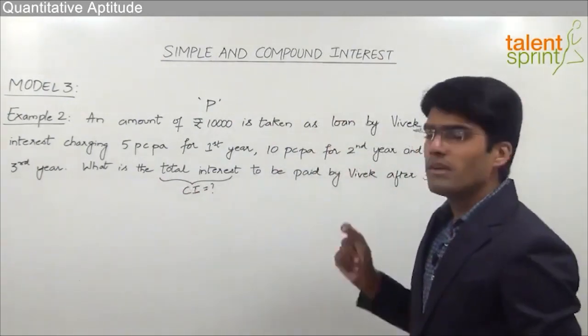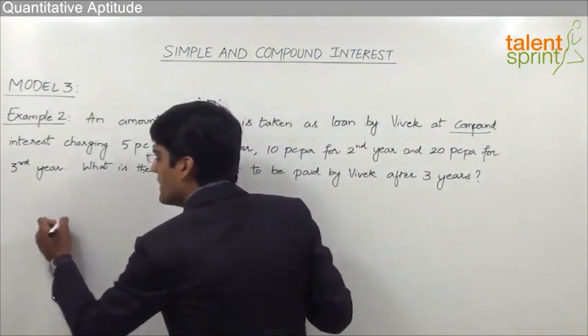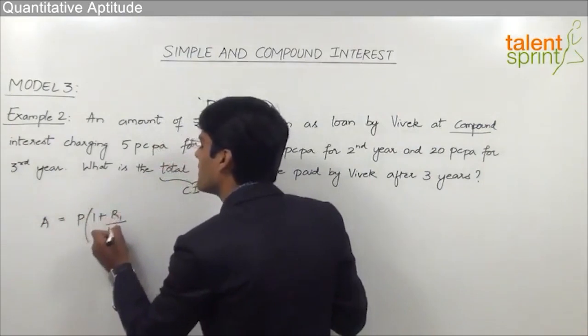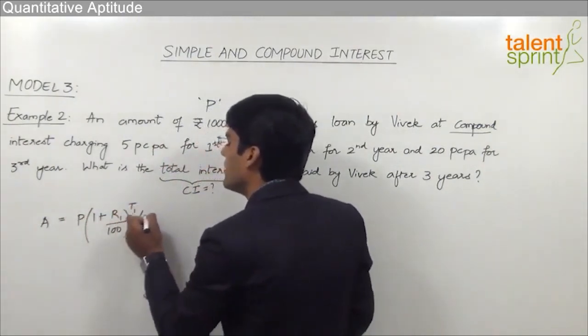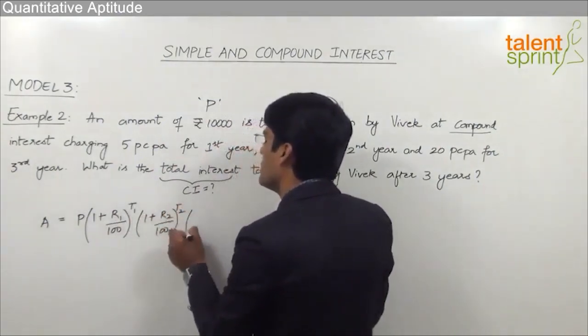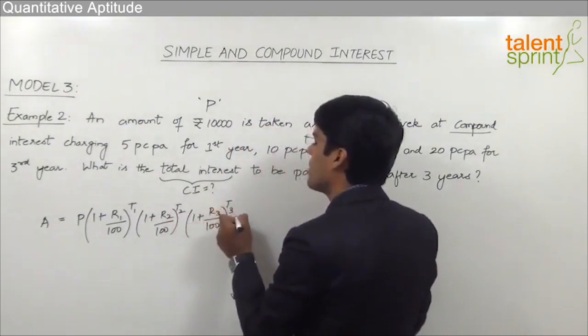Now going by the formula for varying rates of interest, the total amount can be calculated as P into (1 plus R1 by 100) whole power T1 into (1 plus R2 by 100) whole power T2 into (1 plus R3 by 100) whole power T3, and so on.